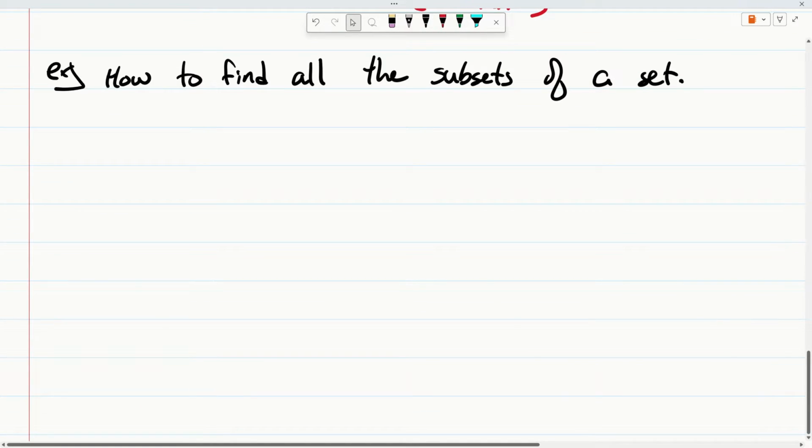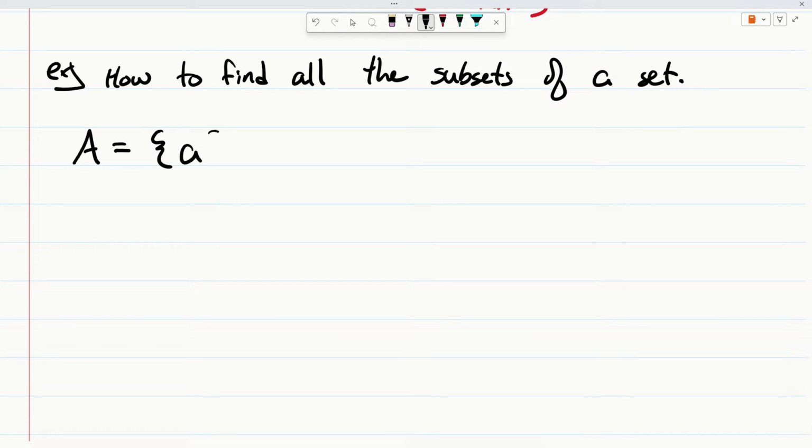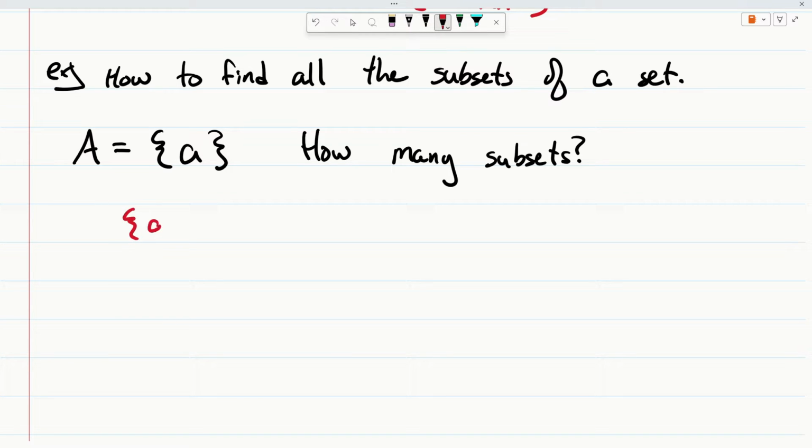So, for example, let's say I have set A, and I want to know how many subsets there are. Well, the first subset will always be the set itself. So our first subset is A, and the second subset will always be the empty set.